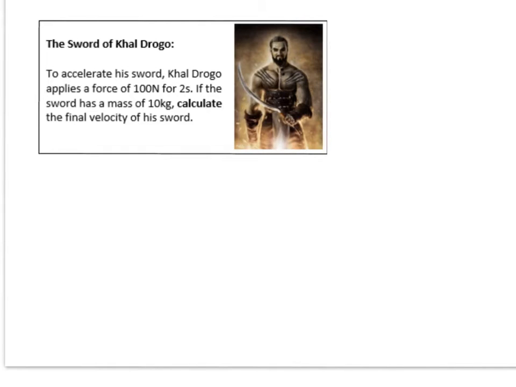So we've got a scenario: to accelerate a sword, Khal Drogo applies a force of 100 newtons for 2 seconds. The sword has a mass of 10 kilograms, calculate the final velocity. So what we can do is calculate the impulse that has acted on the sword first of all.